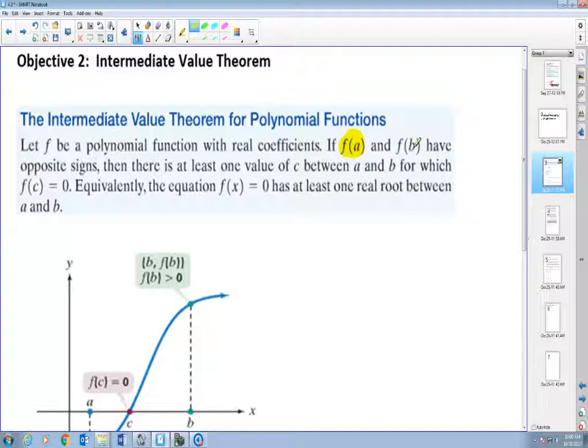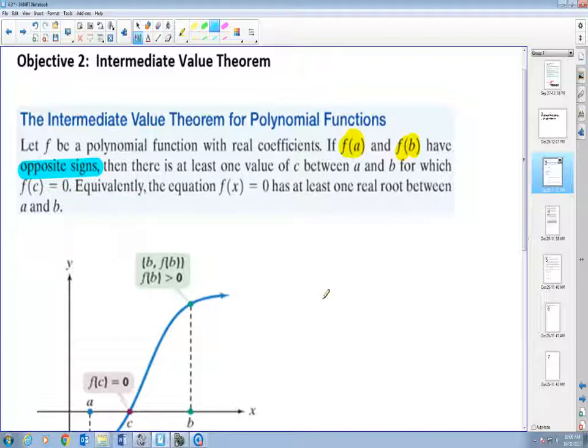Here is another x value plugged into the function, and the output is another y value. If the two y values have opposite sign, then there is at least one value of c between the two x values for which that number c is going to be a zero of the polynomial function.